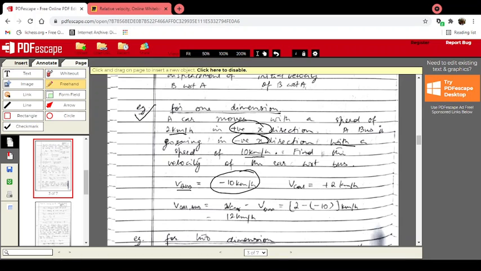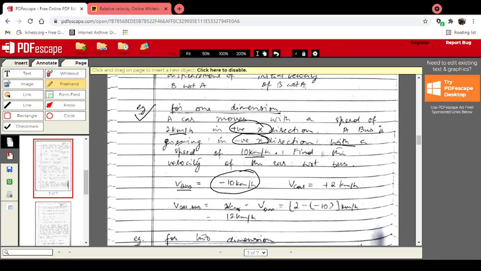In that case, when the bodies are moving in a straight line, we can simply assign signs, negative and positive, and that would be sufficient to solve our questions.